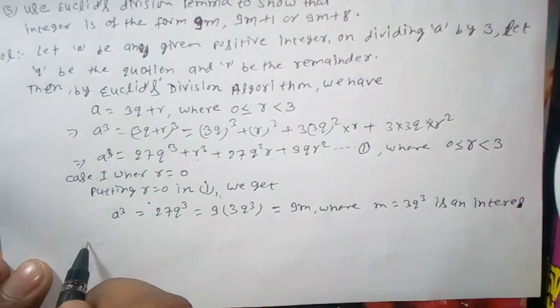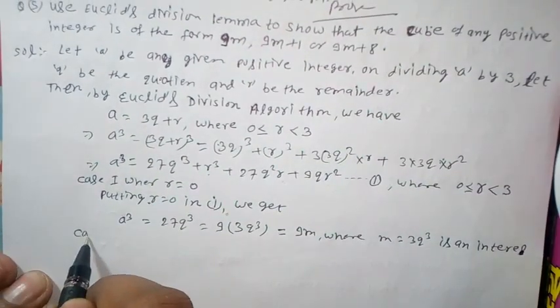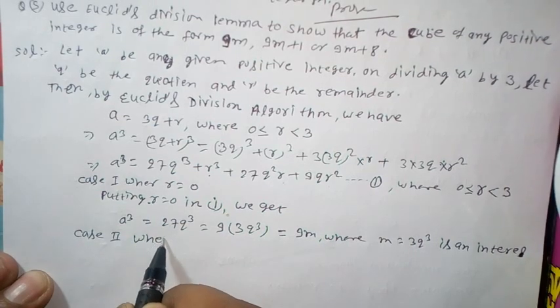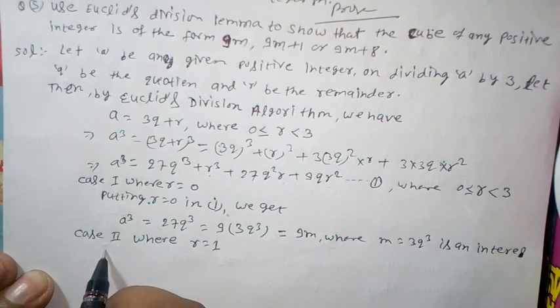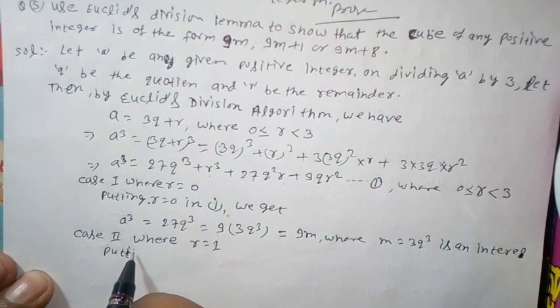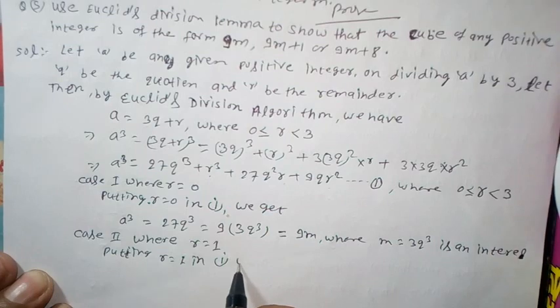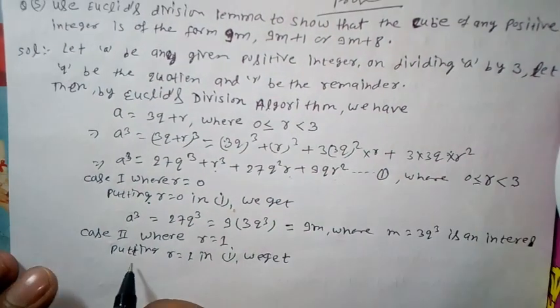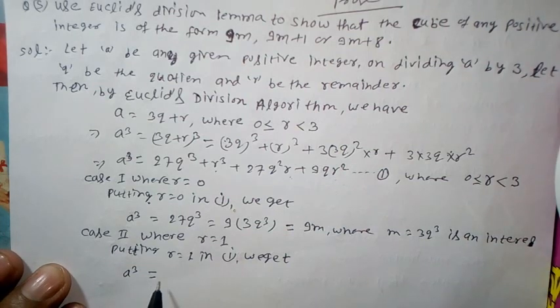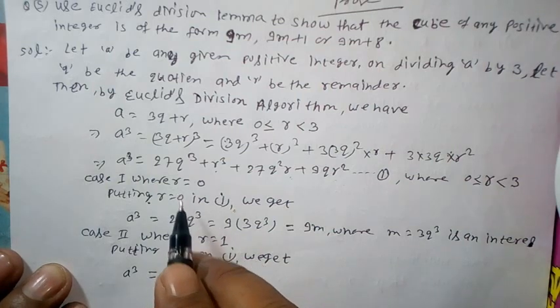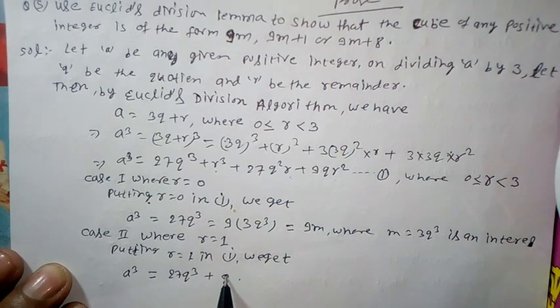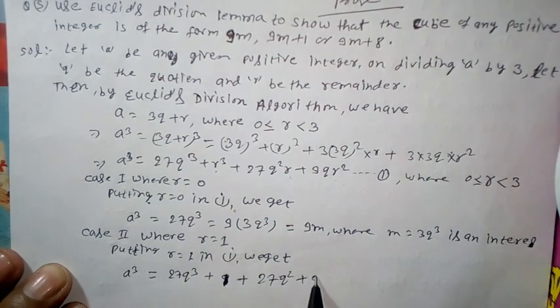Case 2: where r is equal to 1. Putting r is equal to 1 in equation 1, we get a to the power 3 is equal to 27 q to the power 3 plus 1 plus 27 q square plus 9q.